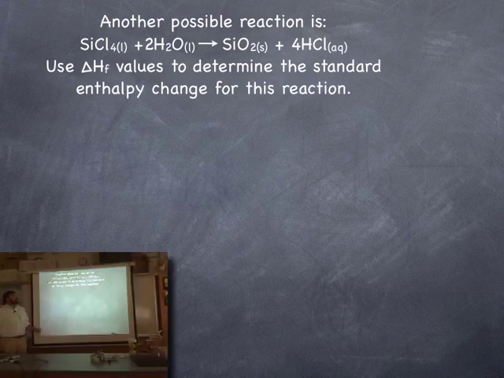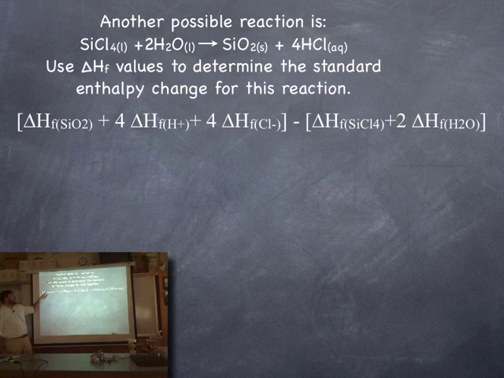All right. So, products minus reactants. Delta HF for silicon dioxide plus 4 hydrogen ions plus 4 chloride ions. Those are my products. Remember, the key here is that HCl, strong acid, does not form in water.